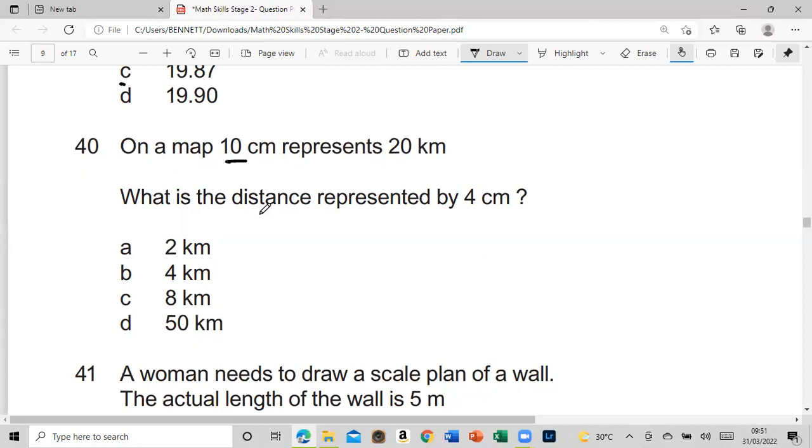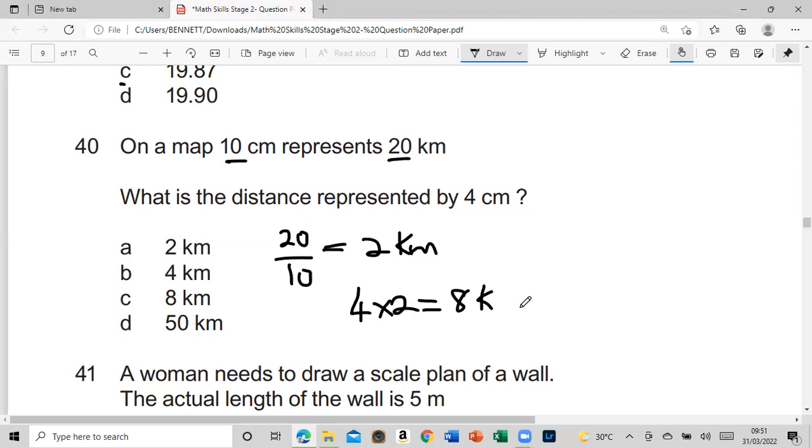So what does 1 centimeter represent? 20 divided by 10 is equal to 2. So 1 centimeter represents 2 kilometers. That means 4 centimeters represent 4 times 2, which is 8 kilometers. That would be C.